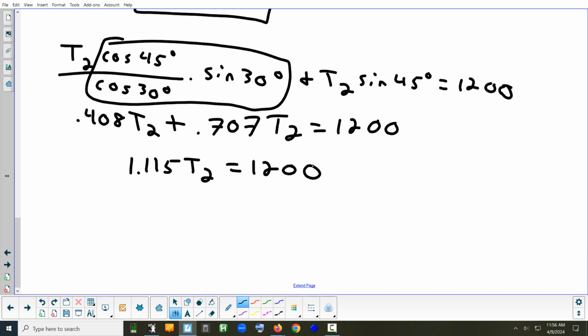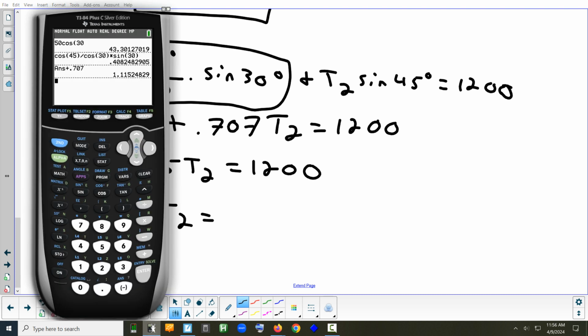And my last step to find out the tension in cable 2: divide by 1.115. So I need 1200 divided by 1.115. So the tension in cable 2 is 1076.23.